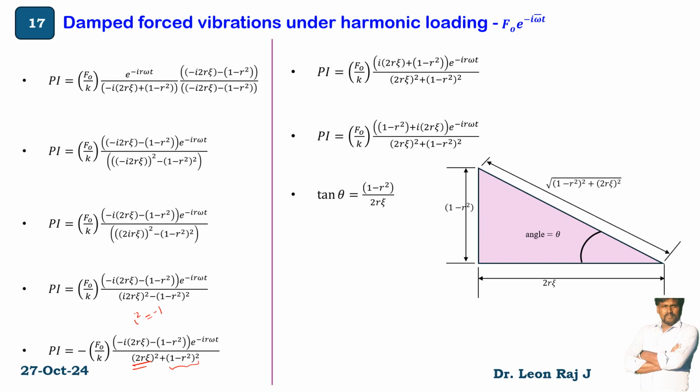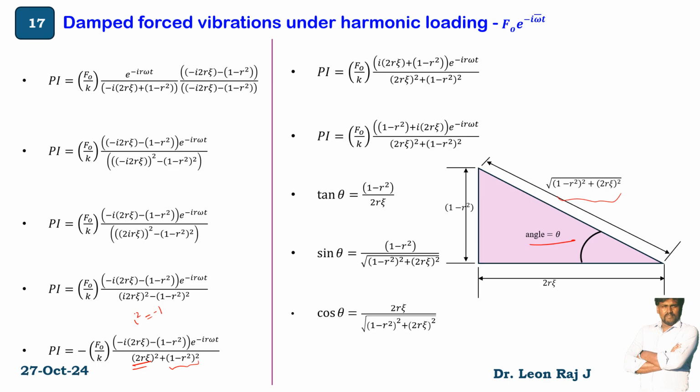So this is your angle theta, and the horizontal term, that is the adjacent side, is 2 r xi and the opposite side is 1 minus r square, and the square root of 1 minus r square whole square plus 2 r xi whole square is nothing but the hypotenuse.